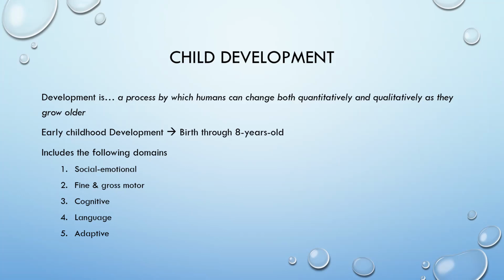And then lastly, we talk about adaptive. That's a little bit more difficult to define, but we usually think about skills of daily living. There are more of these skills that special education teachers especially become concerned about in high school. But in early childhood, we're thinking about toileting, personal hygiene.